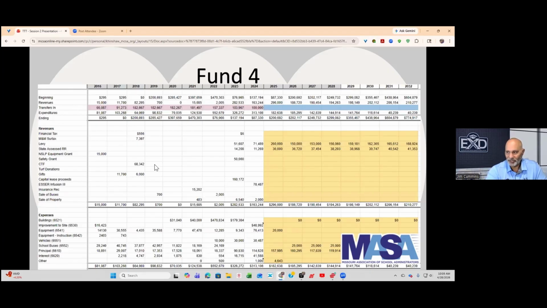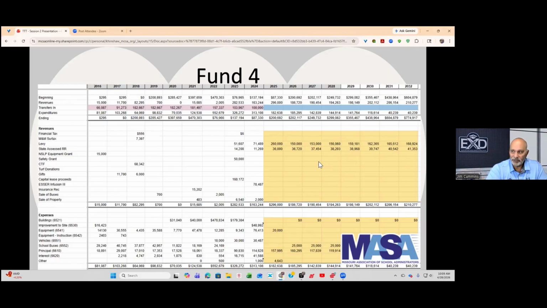This is a very simple spreadsheet where I went back. It's historical, so you can get an idea of what your district has spent. This actually goes all the way back to 2001. But essentially, what I've done at the top was I took my beginning balance, my revenues, anything I was transferring in, what I was going to spend out of Fund 4 to come up with an ending balance.